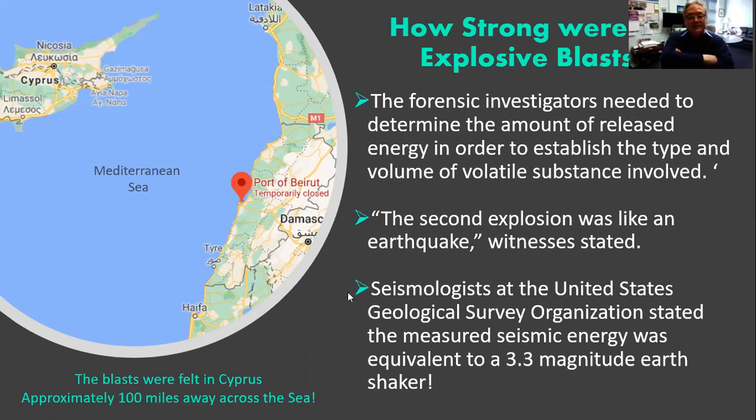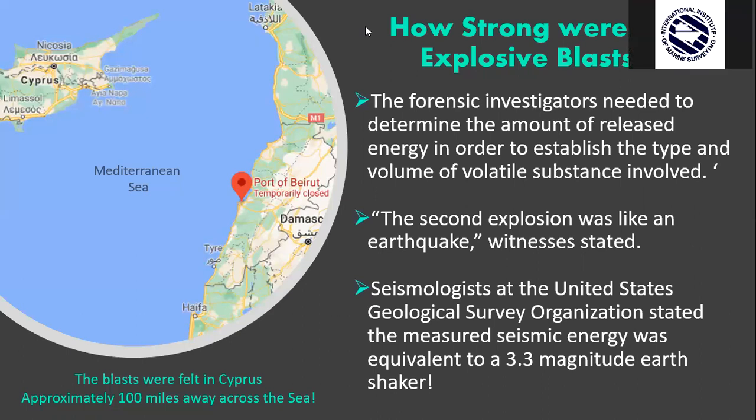Okay, here we are. The blast, as you can see, was basically measured to be a 3.3 magnitude earthquake. For any of you who are familiar with this general area, you can see that Beirut is right on the coast and Cyprus is offshore about 100 miles.